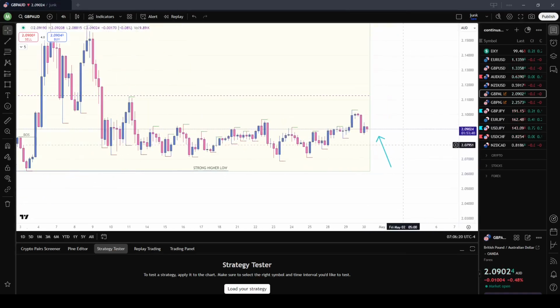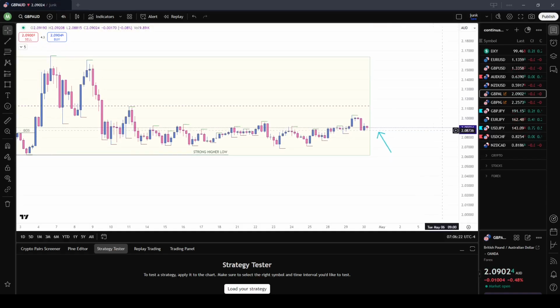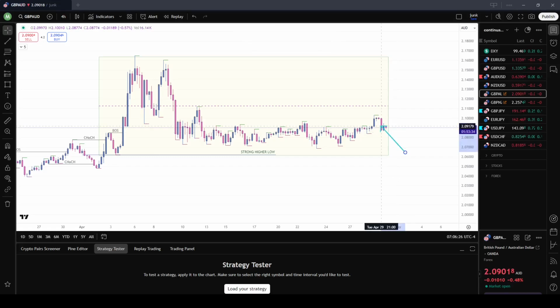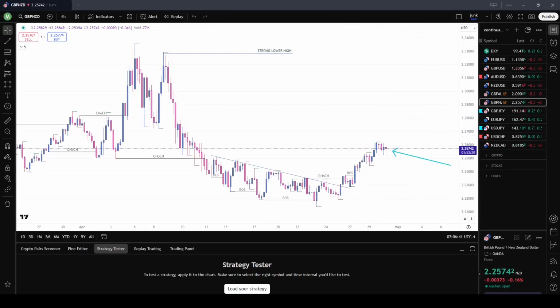So DXY starting to push up, then it's likely that this will also. So not seeing any opportunity right now to sell unless it does go back into premium. If price does go ahead and retrace back into premium, I'll be looking to see if there's any opportunity to sell back down. And that is, of course, depending on any fundamental news with the dollar.